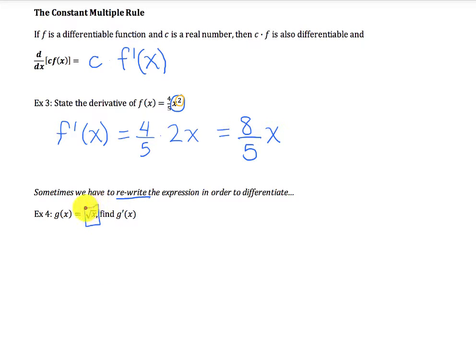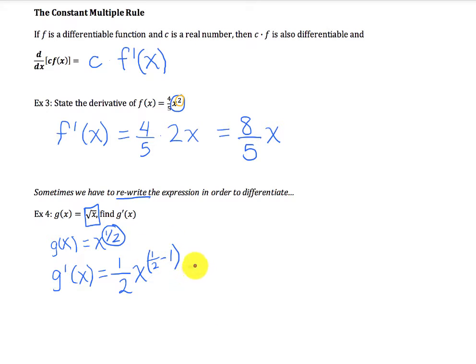Okay, now sometimes we have to rewrite the expression in order to use these rules to take the derivative. Take the square root of x, for example. In order to use the power rule, we have to rewrite this as a power x to the n. So we're going to rewrite it as x to the 1/2. Now we can go ahead and use the power rule for differentiation to find the derivative g prime of x. So the power is 1/2, multiply that in front, x to the 1/2 minus 1.